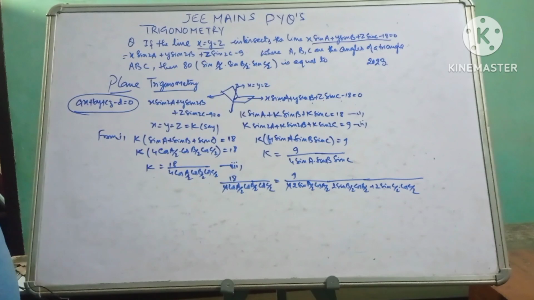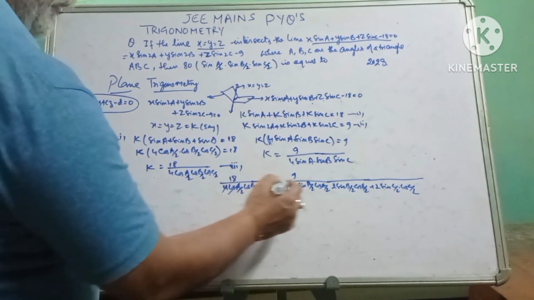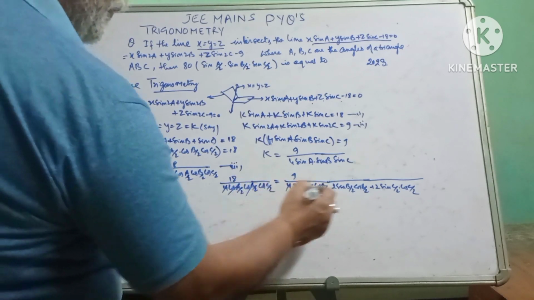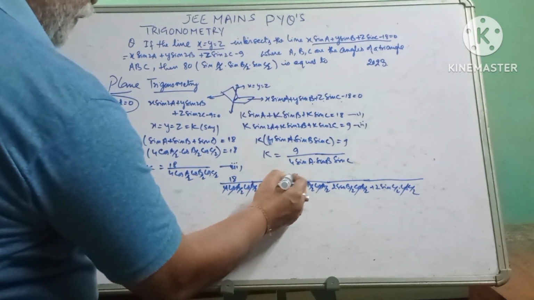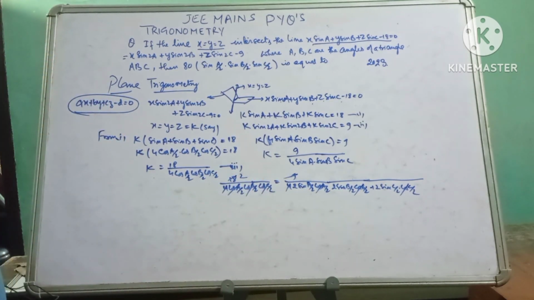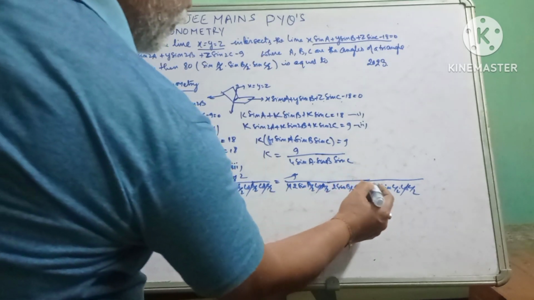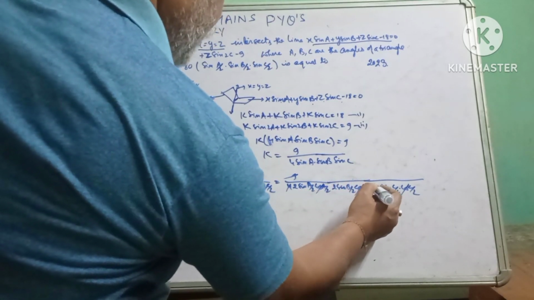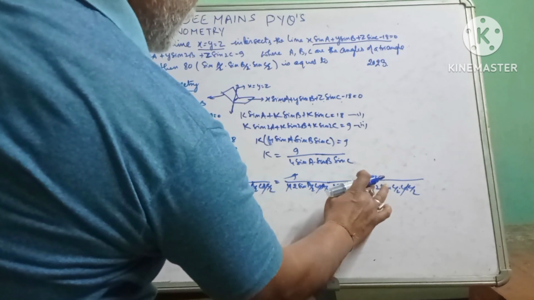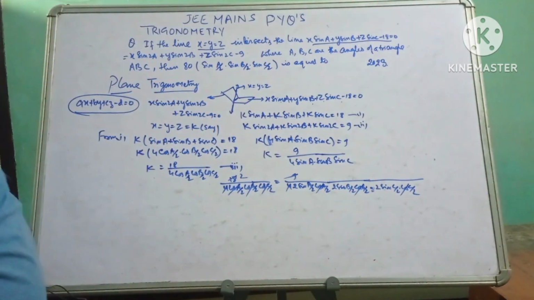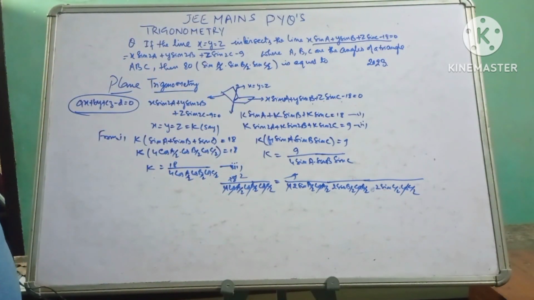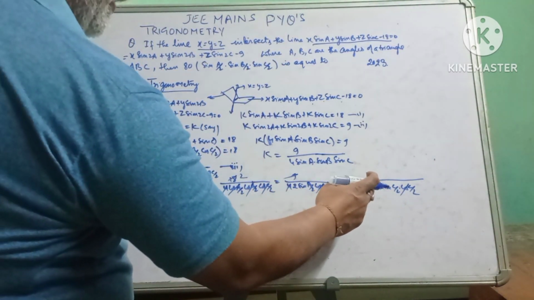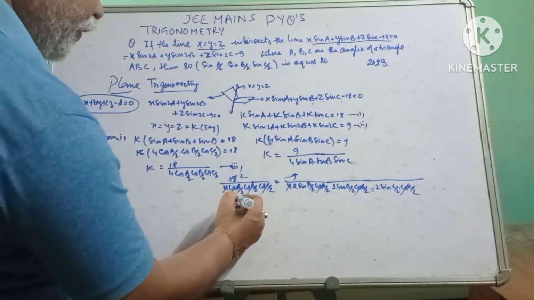Easily the cos terms get removed, and here 9 to the 18. So 2 to the 4, this is into, 8 into 2, this means equal to 16.